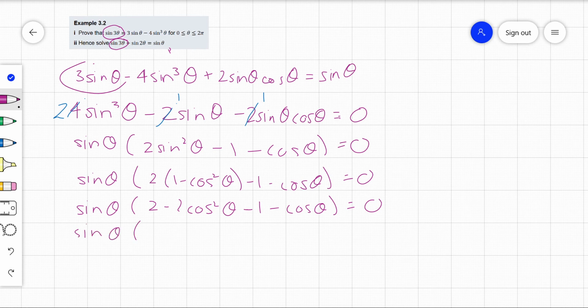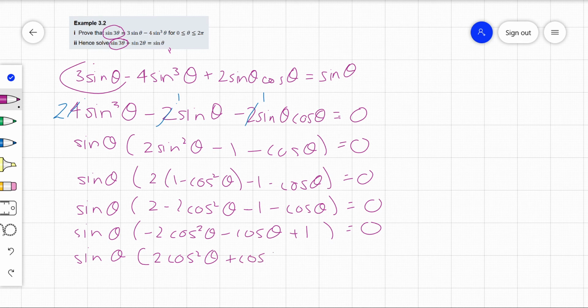So what do we have here? So negative 2 cos squared theta. Then we have a negative cos theta, just trying to put it in some nice order, and a plus 1. So again, if I divide both sides by negative, I can change that to a 2 cos squared theta plus a cos theta minus a 1 equals 0.